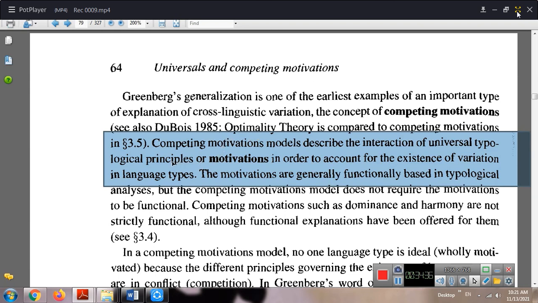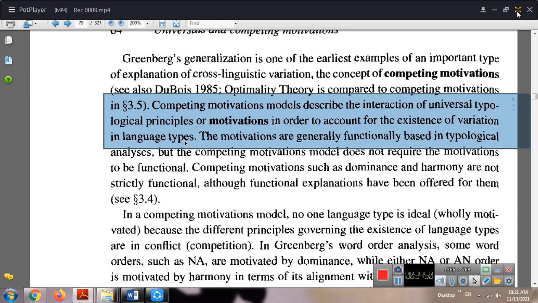It is very important. The motivations are generally functionally based in typological analysis.